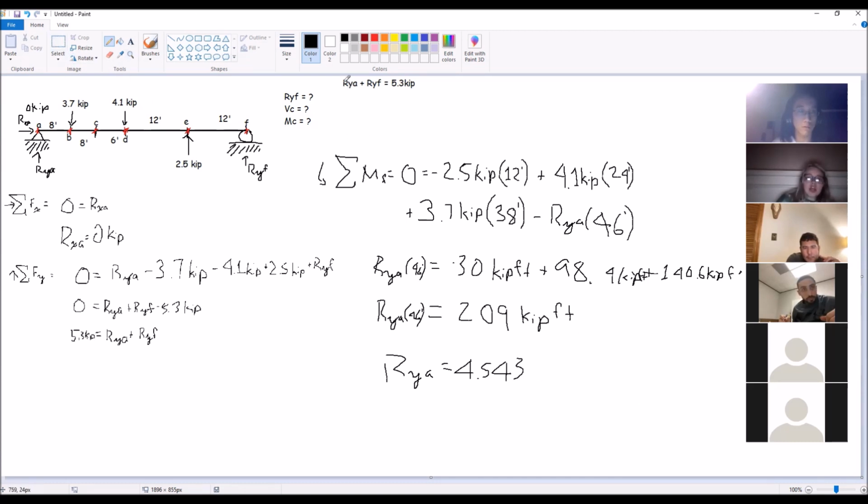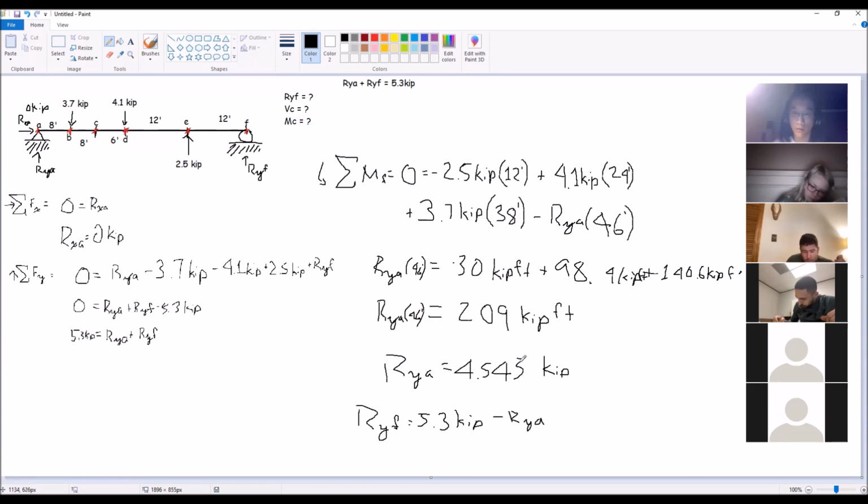No. Right, so we're looking for RYF, and we have RYA. This equation right here has RYA and RYF, so we're just going to plug into that. It's going to bring that down. RYF is equal to 5.3 kips minus RYA.